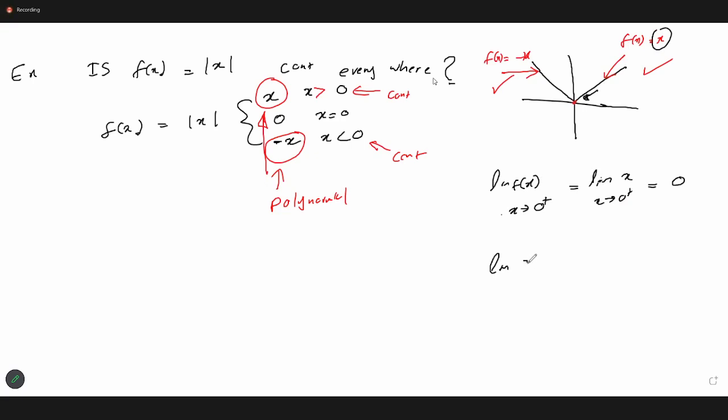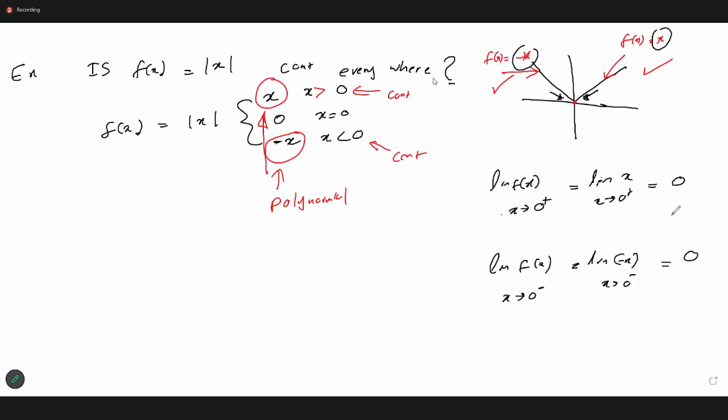Then you have to find the limit of f(x) when x approaches 0 from the negative way. Here you have to choose negative x because you are looking at the negative side. Negative x when x approaches 0, again this one is going to 0.